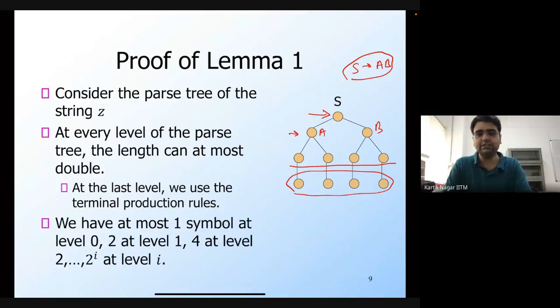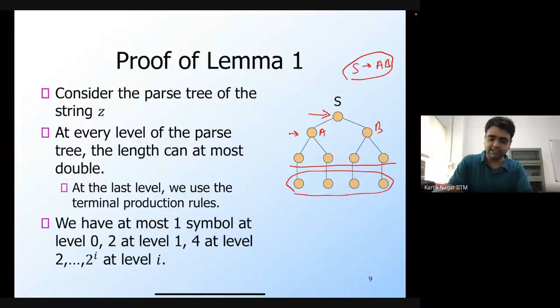So as I have just discussed, we can have at most one symbol or one node at level 0, at most 2 at level 1, at most 4 at level 2, and in this way at most 2 to the power i at level number i. Okay.